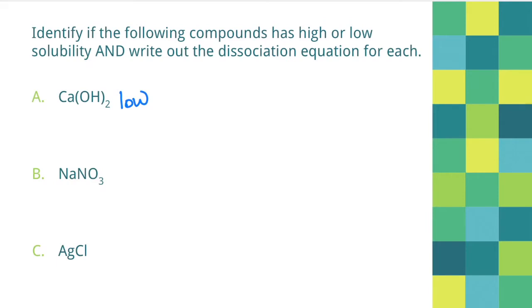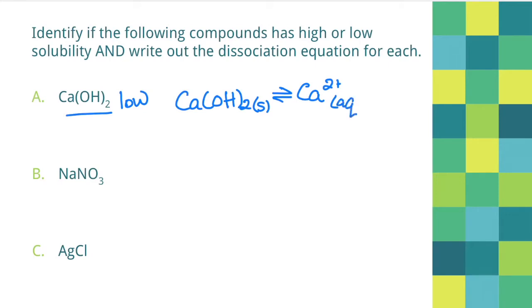So this means that it will establish an equilibrium when dissolved. We're going to write out a dissociation equation with a double arrow because this is an equilibrium situation. So it is going to slightly dissociate into calcium ions and two hydroxide ions.